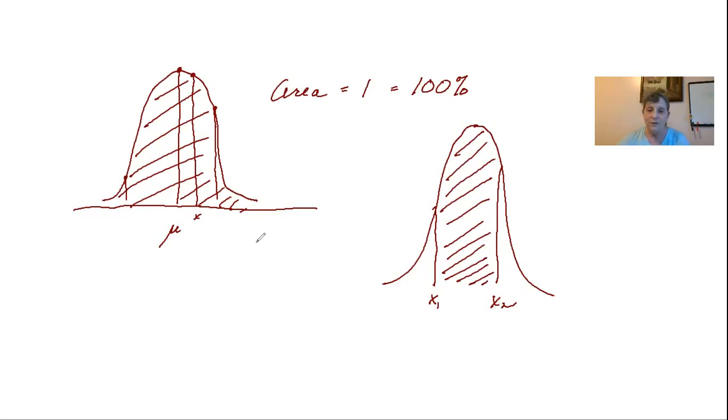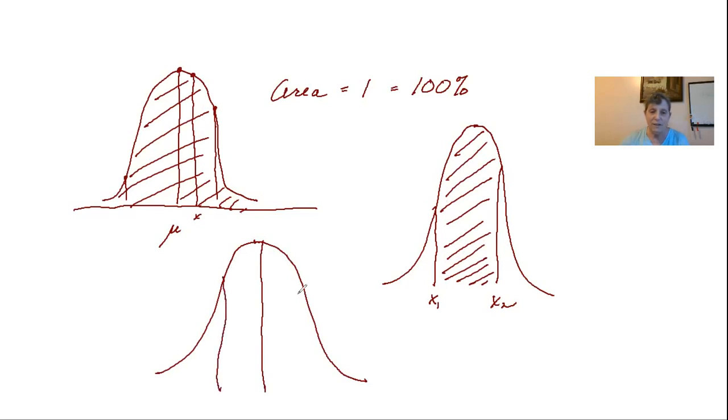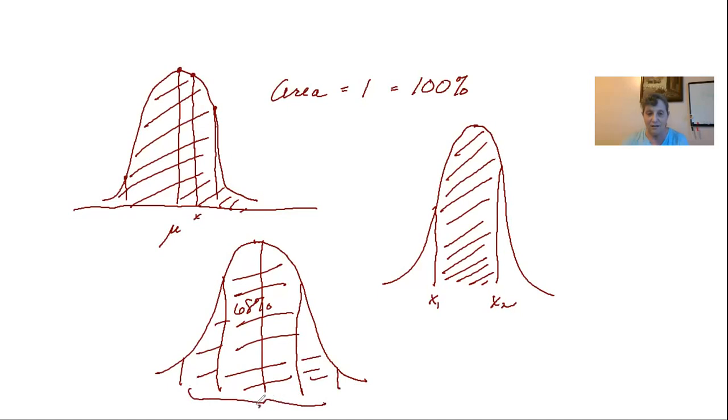Well, we've looked at the empirical rule before. Remember, the empirical rule says that if you go out 1 standard deviation, you're going to pick up 68% of the data. If you go out a 2nd standard deviation, altogether, you're going to have 95% of the data.